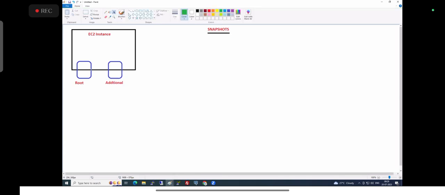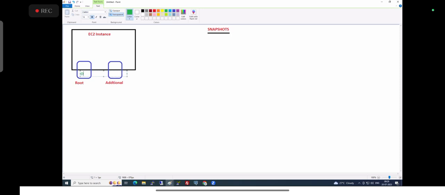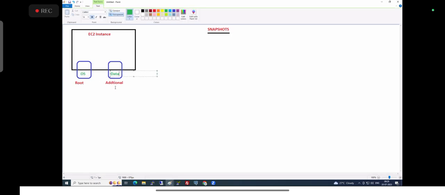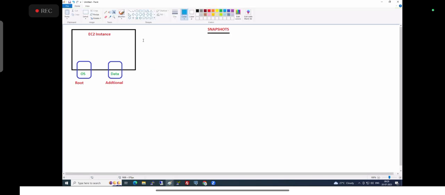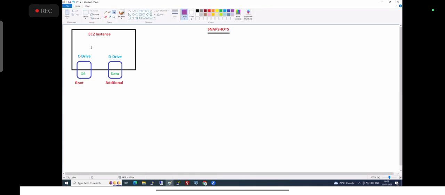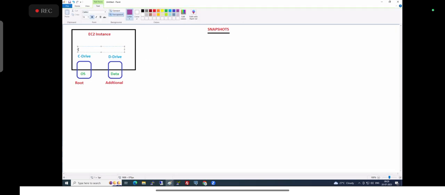What does the root volume contain? OS. Okay, and what does the additional volume contain? Data. So this volume is nothing but the C drive, and this one is the D drive. What is the default size for Windows? 30 GB.